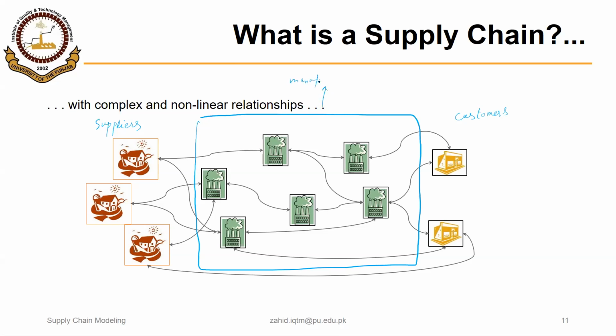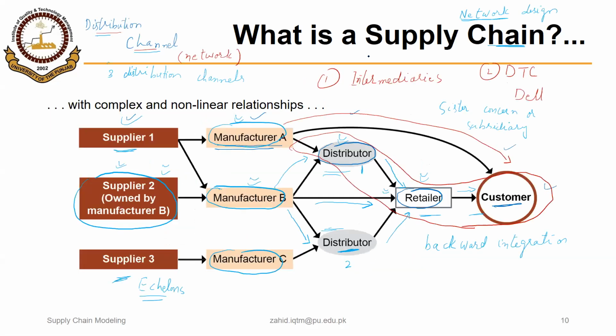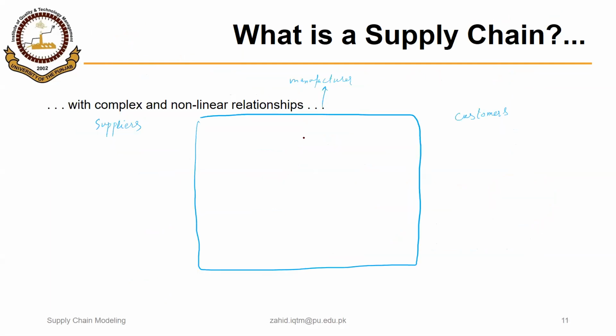Now, manufacturer is also called, not exactly manufacturer, but the organization that controls the supply chain, and in the manufacturing organization, that is almost always the manufacturer. This party that controls the overall supply chain is also called channel master, distribution channel, or simply channel master. So this is our manufacturer or channel master, you can say.